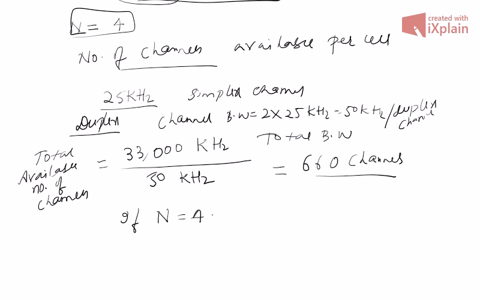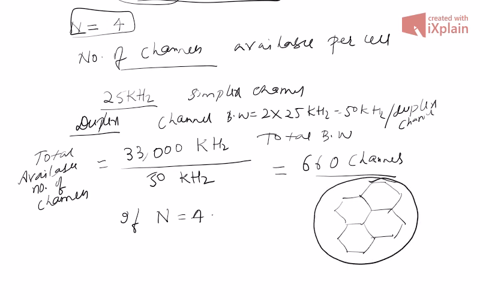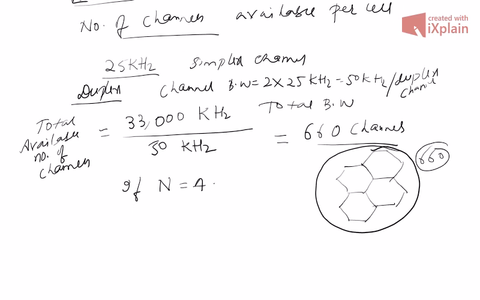Now if n is 4, how many channels are available per cell? See, now you have one cell, second, third, and fourth. All these four cells, one cluster, utilize 660 channels.